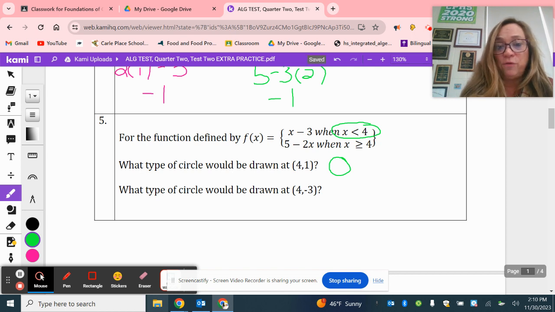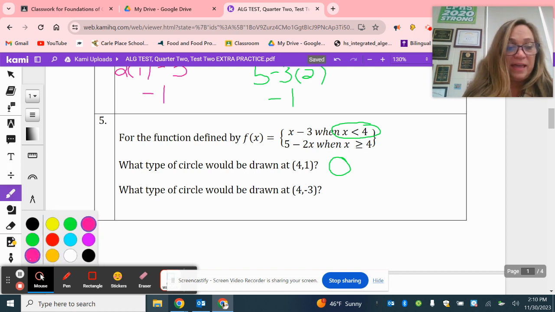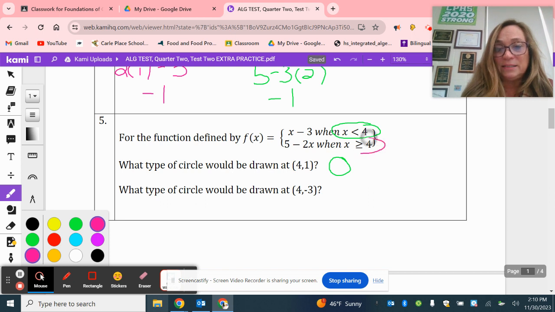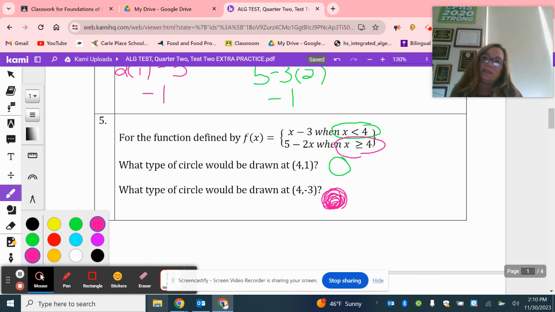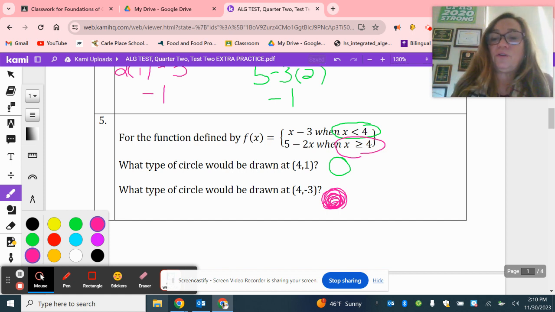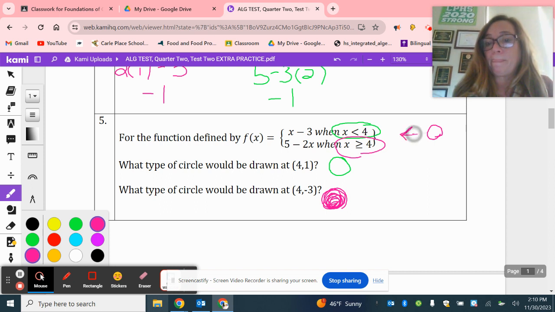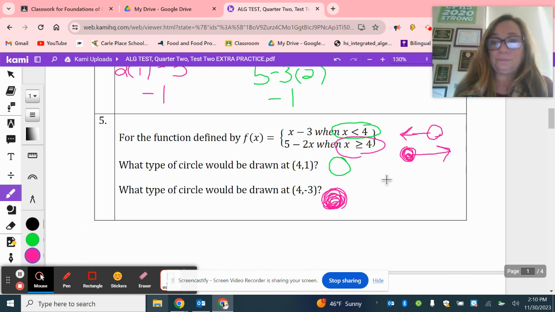If I put in a 4 and I get out a -3, that's going to be this piece, and that's going to be a closed circle because it has the equal bar. And again, that has to do with the inequality symbols. Like, how would you graph that inequality? If I was graphing the first inequality on a number line, it would look like that. If I was graphing the second inequality on a number line, it would look like that. Okay?